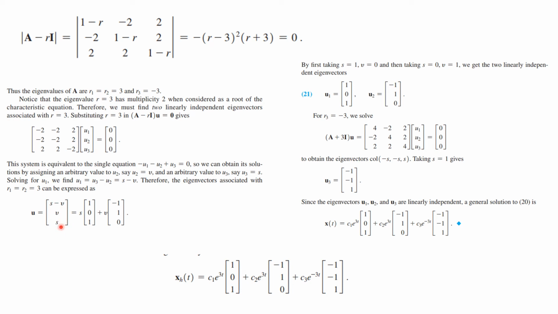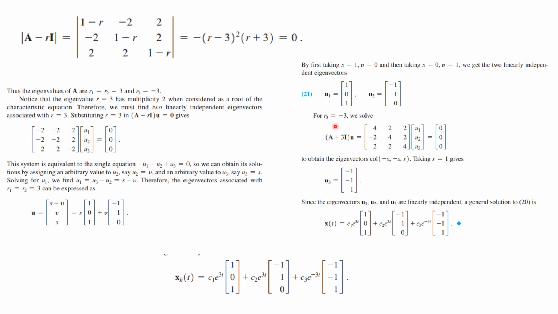And whenever I'm thinking about these, I could let v be 0, or I could let s be 0, and I get this. So my eigenvectors associated with 3 are 1, 0, 1, and minus 1, 1, and 0. And so those are the eigenvectors that I get for that one.